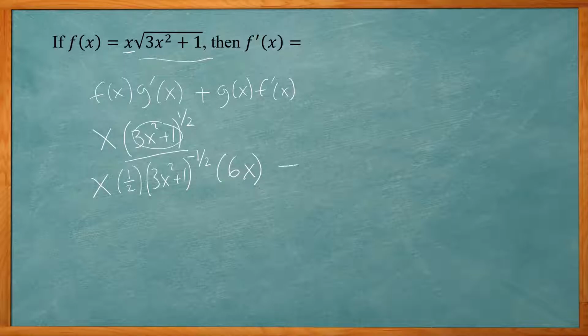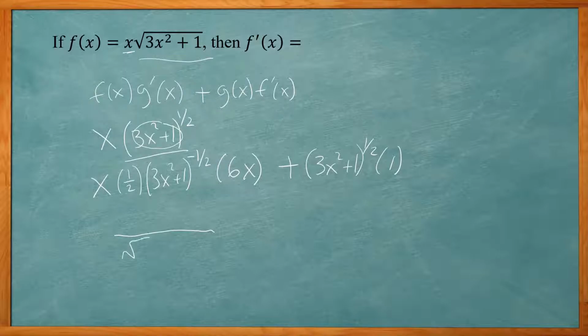Now if I do the second part, it's going to be g of x, which was the quantity 3x squared plus 1 to 1/2 power. And then derivative of just x is just 1. So if I reduce this first one here, I have a negative exponent, so that's going to move to the bottom of the fraction.